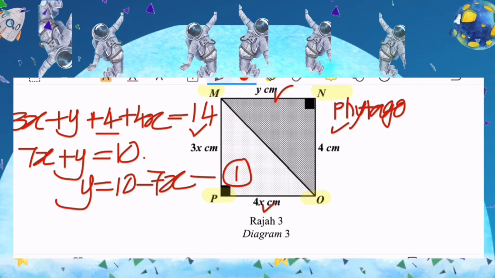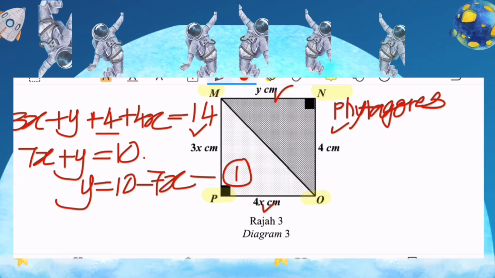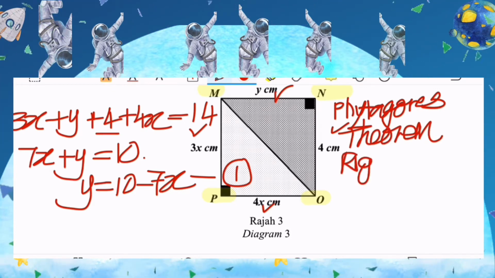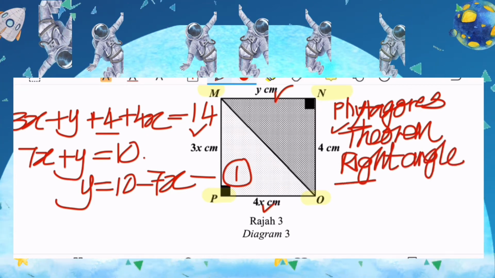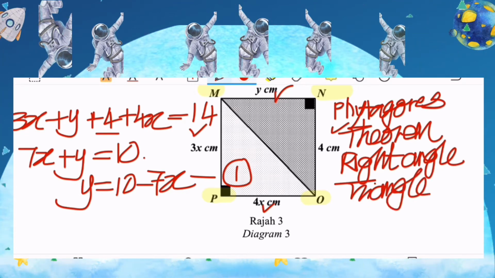So let's apply Pythagoras for these two triangles by finding the hypotenuse. Both of the hypotenuses are the same. MO for the right-angle triangles is the same. So let's use the Pythagoras theorem to help us come out with another nonlinear equation.